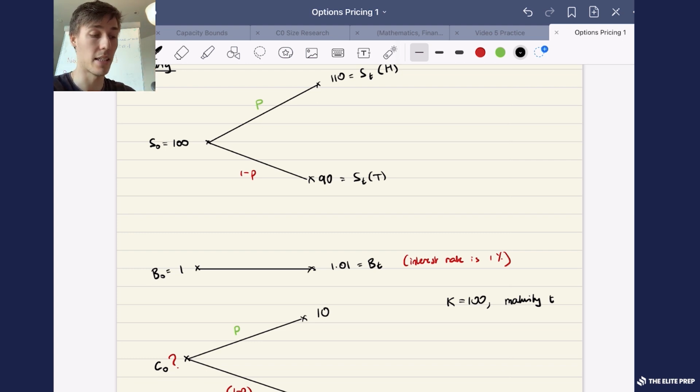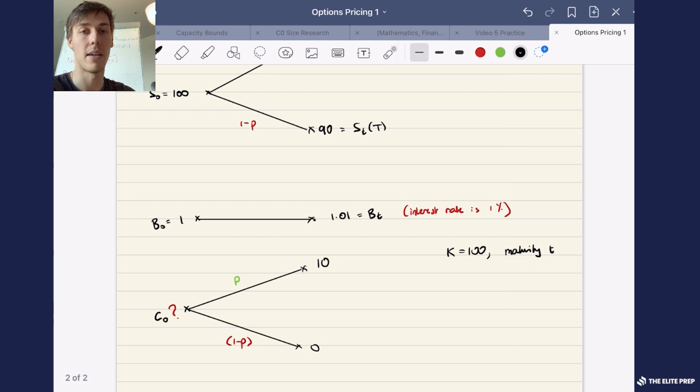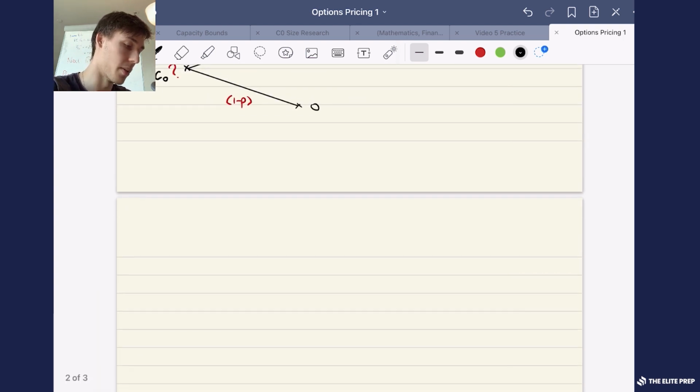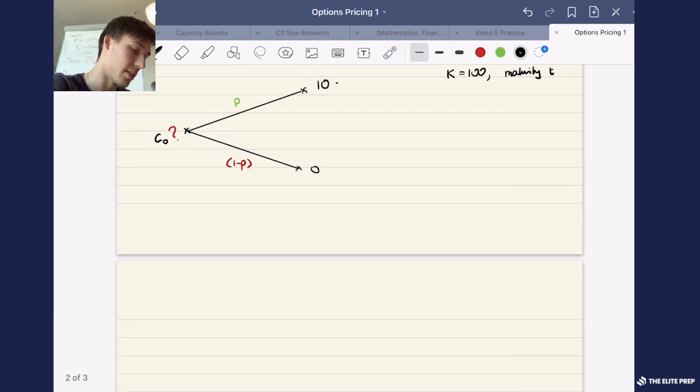That is, at time t, we want to have a number of stocks and an amount in our bank account which will be exactly equal to the payoff of the call option. That was explained in words, but in a formula, this is CT heads, and this is CT tails. We want the following.